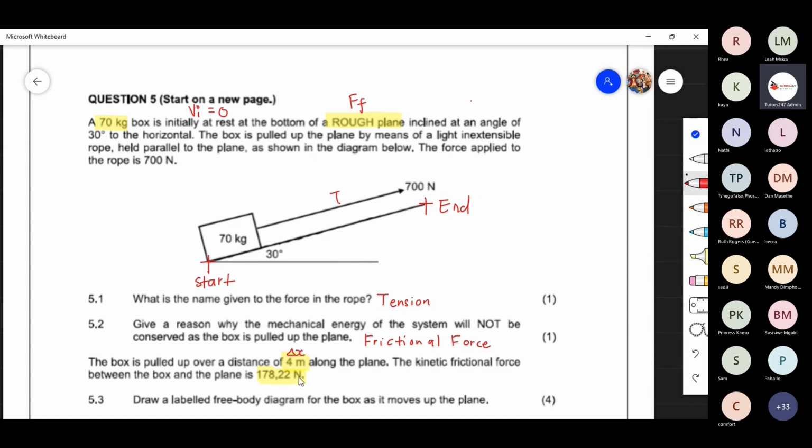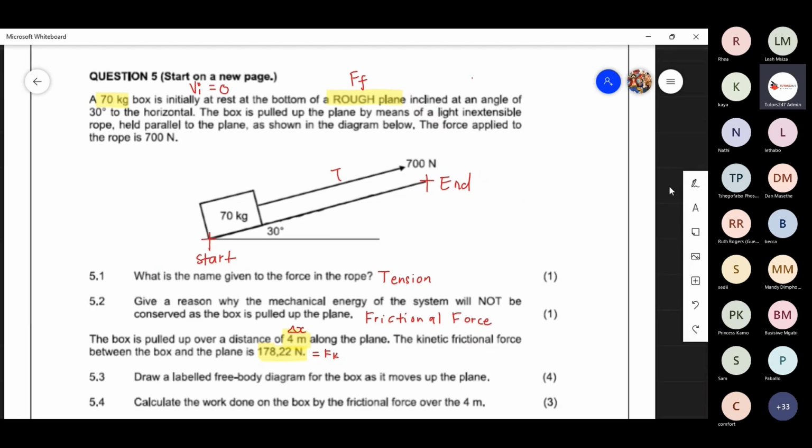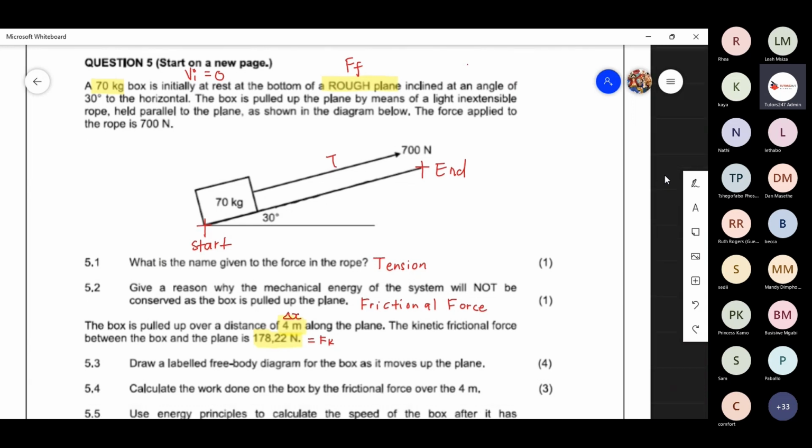So we now have kinetic frictional force. The only thing that still remains unknown is our final velocity. So we basically have most of the things that we need to calculate final velocity. I'm sure one of the next questions would be for us to actually calculate final velocity. So let's have a look at our question.